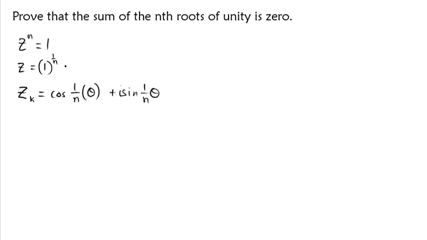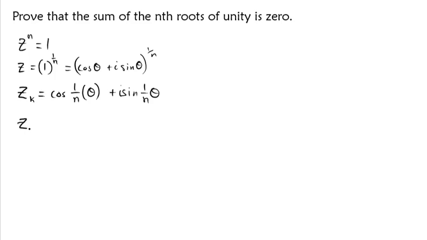This is if you apply De Moivre's theorem, because we know that this is given by cos theta plus i sine theta raised to the power 1 over n. Now we know what our theta is. Since the complex number is just 1, which is on the positive x-axis, the angle is 2 pi.